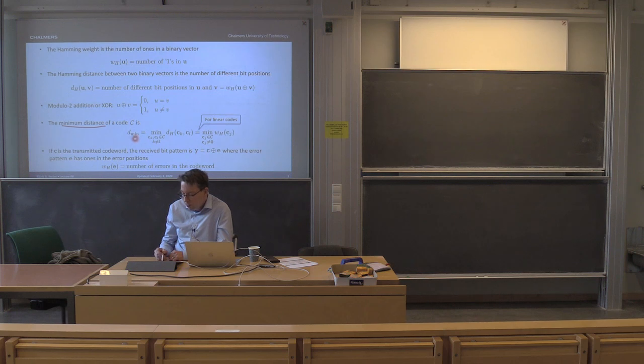But the minimum distance, what is it? Well, we just take two code words and we measure the distance between them, and then we find the pair which is closest to each other. Now we cannot choose CK equal to CL because then we get 0, so that's meaningless. That's the same for all codes.